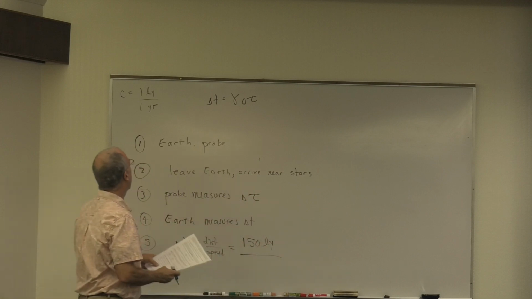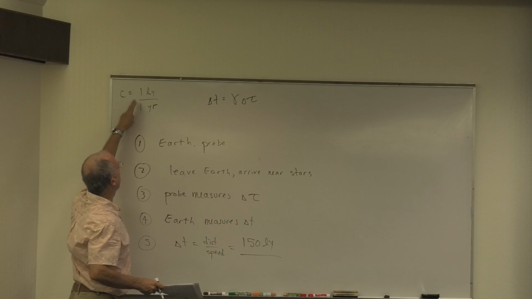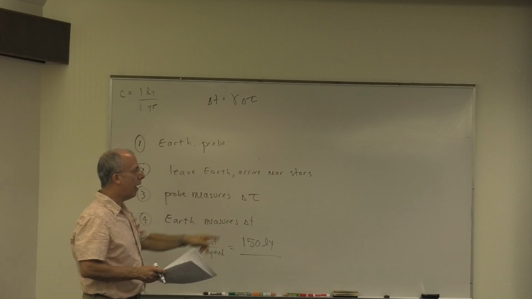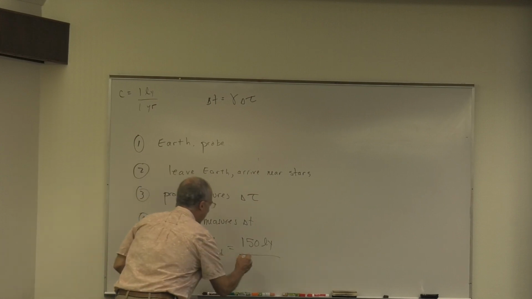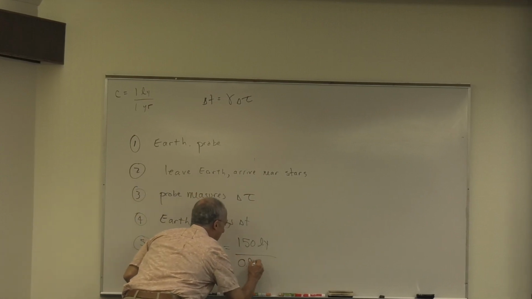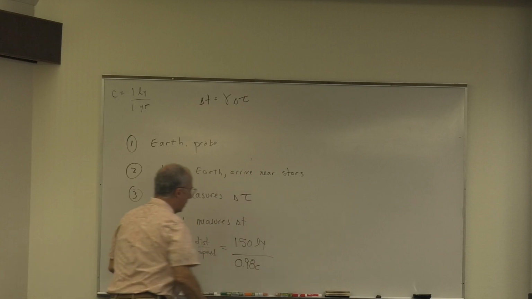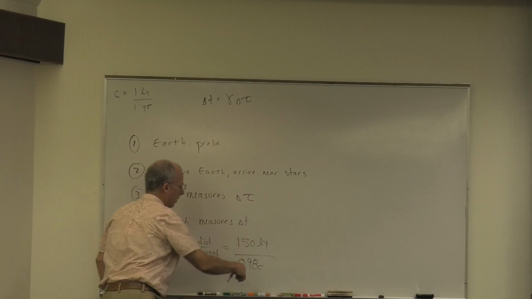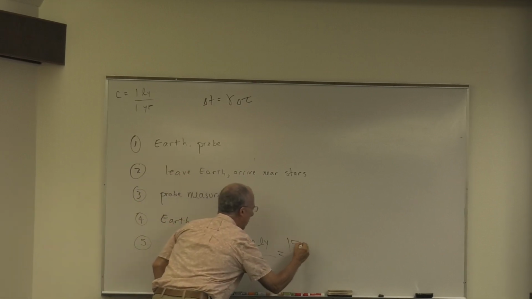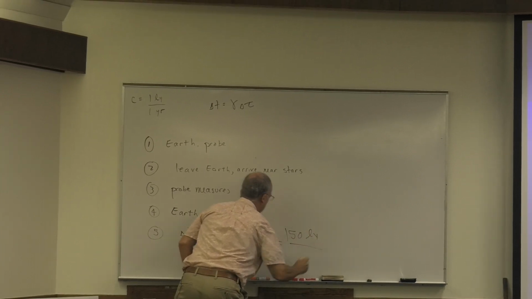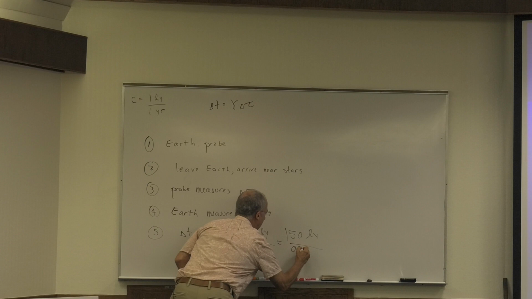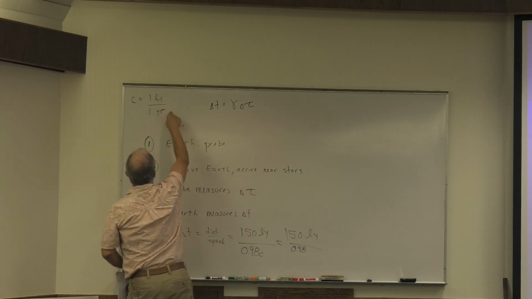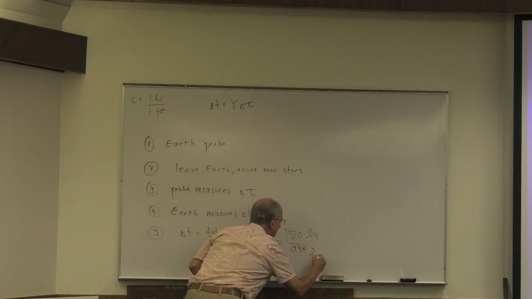Now we want to be clever, right? The speed of light is 1 light year over a year, but we have 0.98 c. I'll do it in 2 steps: 0.98 c, but that's no good. We want things to cancel. So we're going to say 150 light years over 0.98 light years per year.